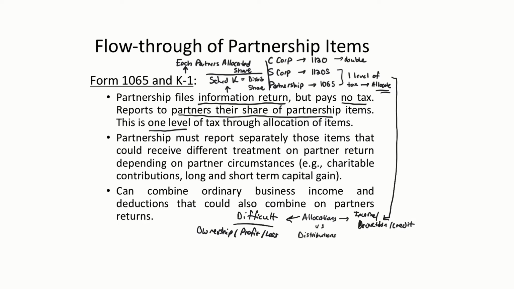So if they were to wind up the business, they would not get any of that money. They would take a loss. That's the idea. Okay? So again, allocations can be very difficult, how we allocate, but we're going to keep it simple. And again, we're going to assume we're going to use the ownership profit loss percentage, which is a very basic assumption, but that's what we're going to do.